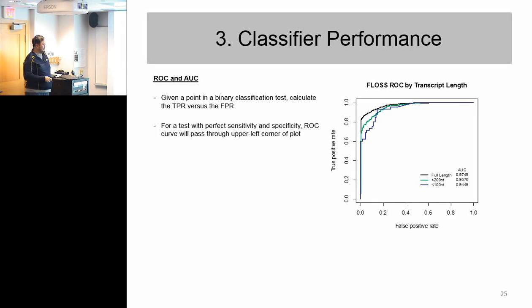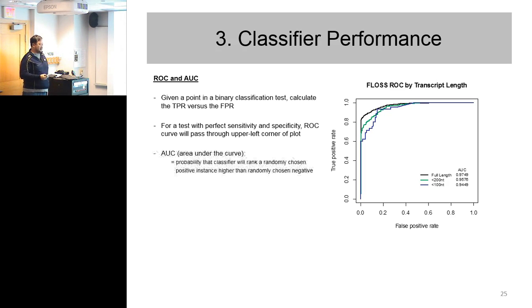The closer your curve is to the diagonal line, the more that indicates you might as well flip a coin. Based on these ROC curves, you can also calculate the AUC, which is the probability that you will rank a randomly chosen positive instance higher than a randomly chosen negative one. That can give you a measure of performance as well.